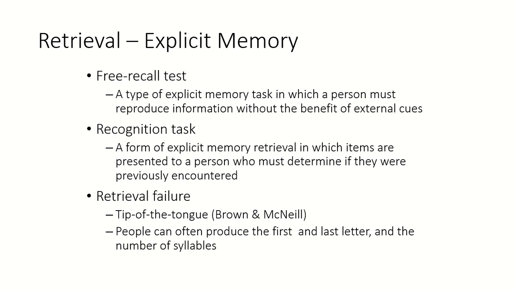What's interesting about these cases is that when they've managed to elicit them in the laboratory, which of course is difficult, oftentimes people can actually correctly produce the first and the last letter of the word. They can tell you if it's a shorter word or a longer word, but they just can't quite get to it. So that's sometimes another way in which explicit memory is at least being studied in the laboratory.